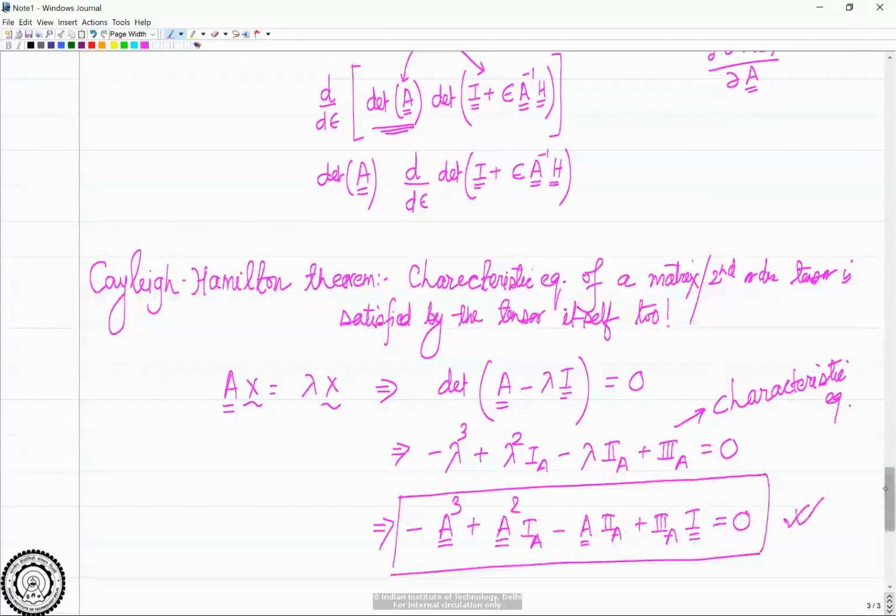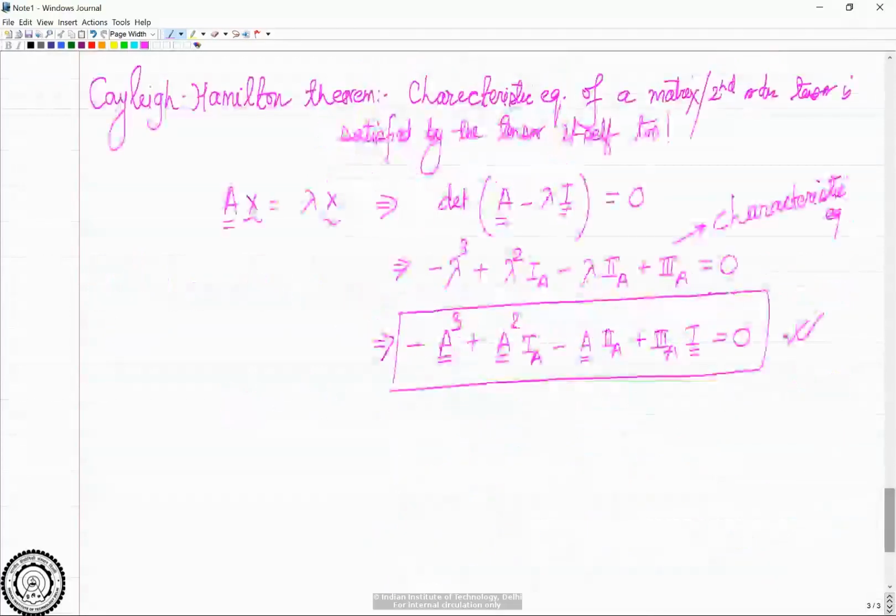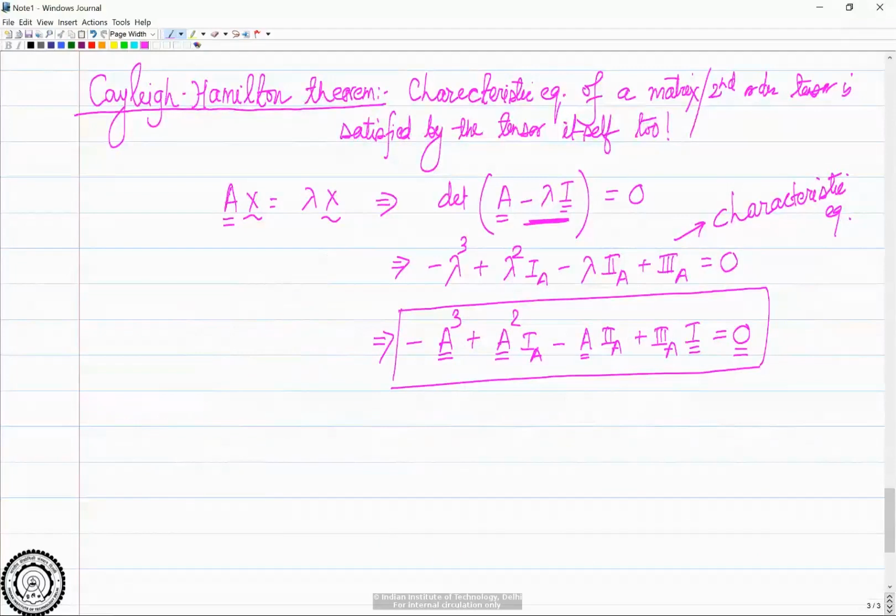Okay, so this is going to hold for any matrix A. But what we want to use is just the expression of the determinant of something in terms of this.